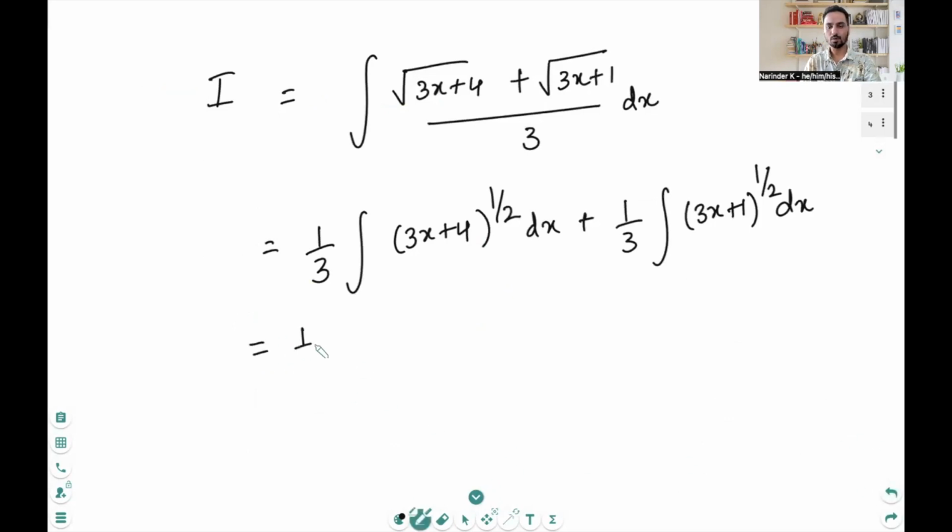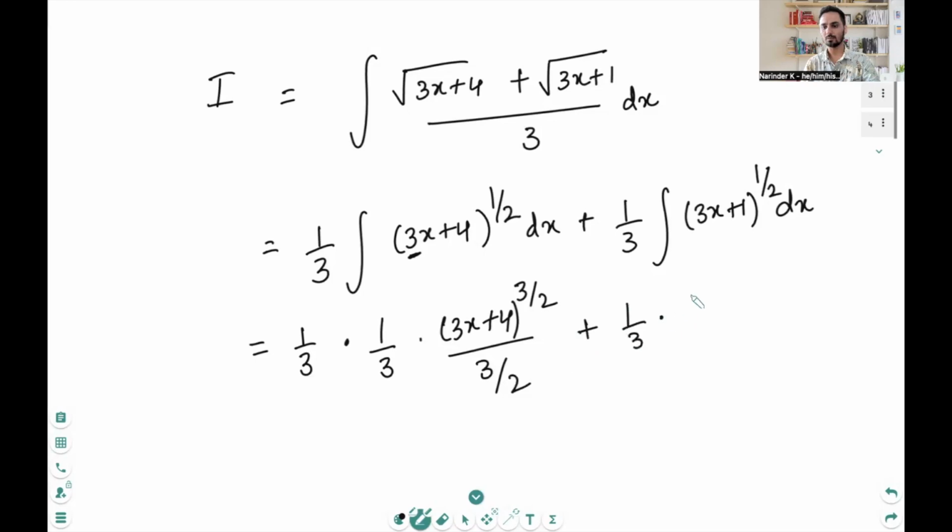we will get 1 over 3 times 1 over a, and a here is 3, so 1 over 3 times (3x + 4) raised to the power half plus 1, which is 3 over 2, divided by 3 over 2, plus 1 over 3 times 1 over a. Here as well, a is 3, so 1 over 3 times (3x + 1) to the power half plus 1, which is 3 over 2, divided by 3 over 2, plus c.